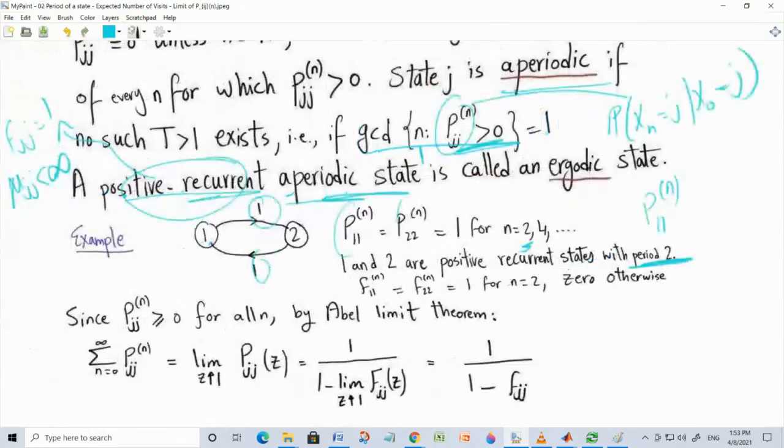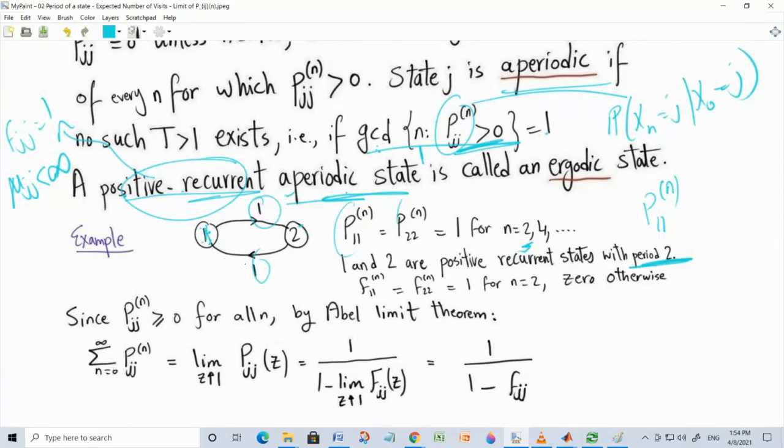If you start from a state, what is the probability of entering into the state for the first time after n steps? For a general n, this probability is equal to 0, except when n is equal to 2. You start in 1, make a transition from 1 to 2, and then another transition from 2 to 1.